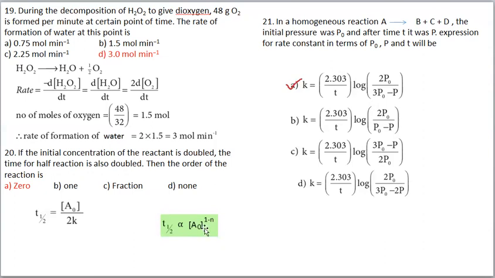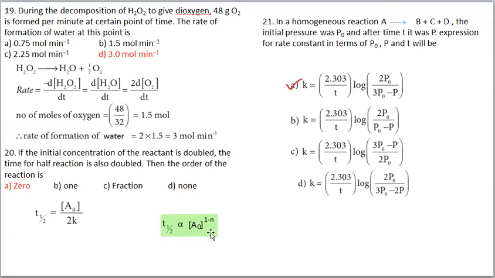That means the concentration must be to the power 1. Only then, when the concentration is doubled, will we get the half-life also doubled. So in the expression, we have to get the concentration to the power 1. That means n is 0.